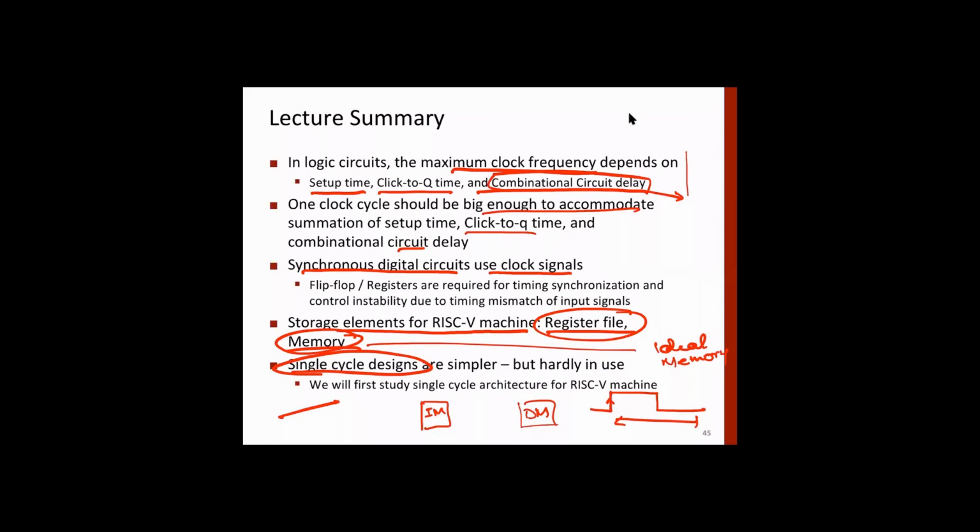When you are registering values that are available from a combinational logic circuit into a register, the output of the register is not available instantly. What clock to queue says is that it's available after a certain period of time, because a register is nothing but D type flip-flops and a combination of that, and it takes time for the signal to propagate. So there is some delay, and that delay we show as the clock to queue delay.